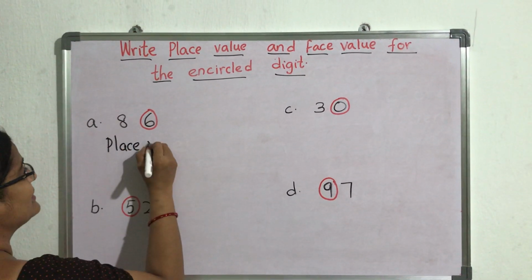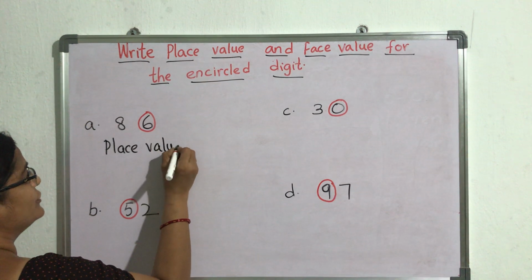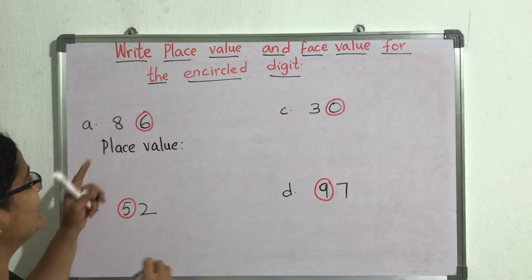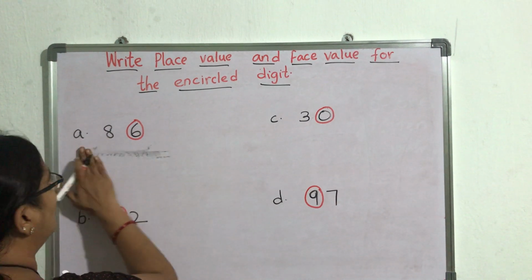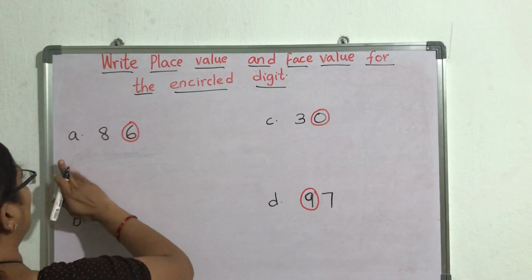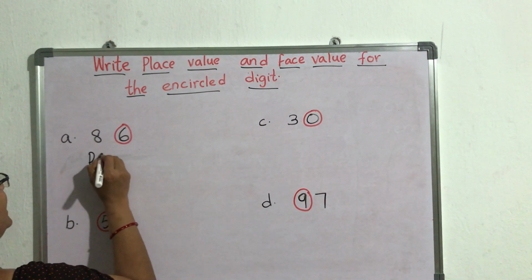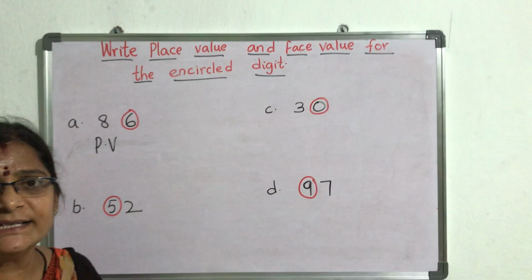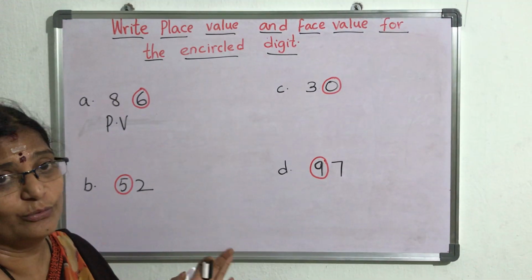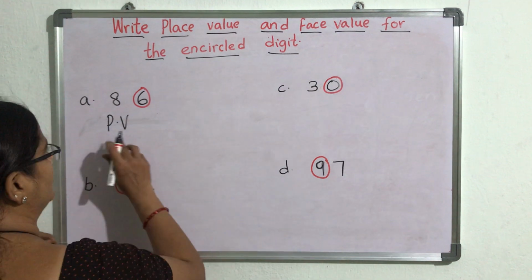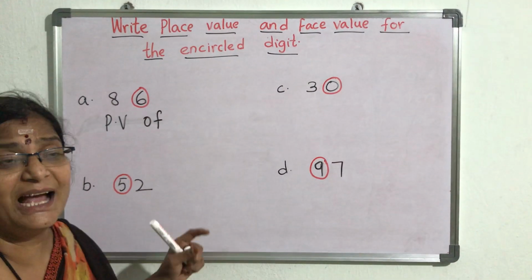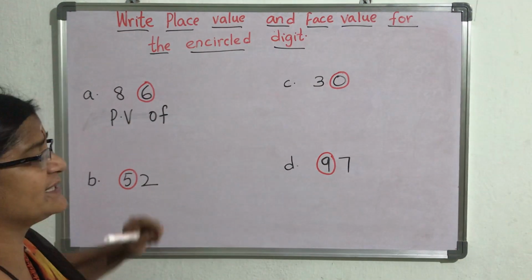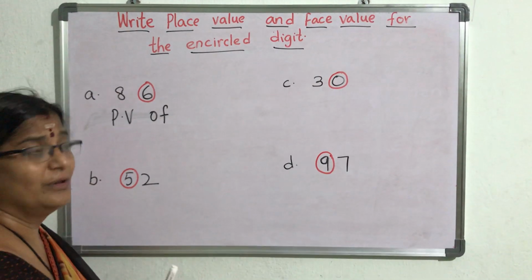Now, place value. You can write it like this, or you can write PV. PV means place value. Place value of, now which number have I circled? 6. So how to know?